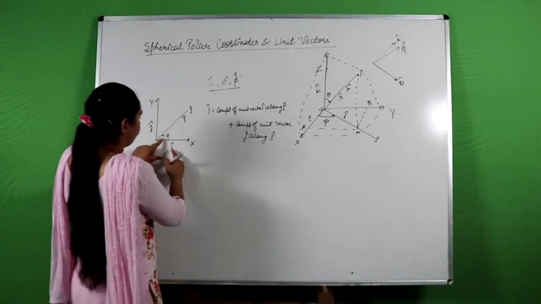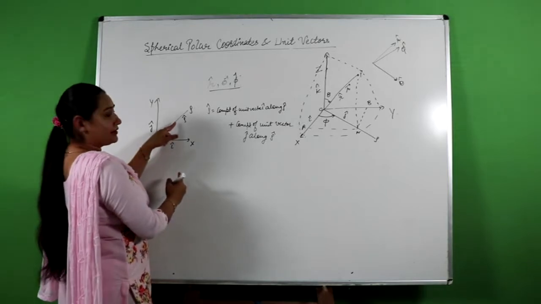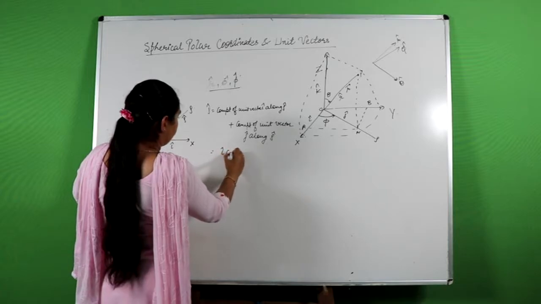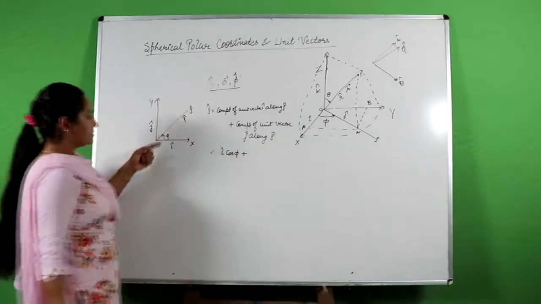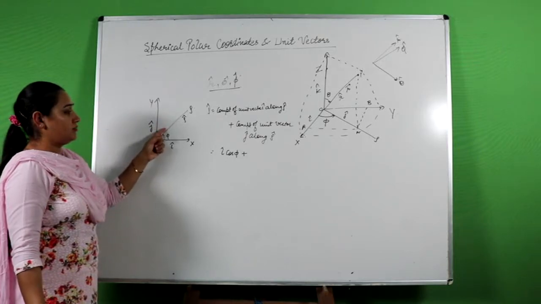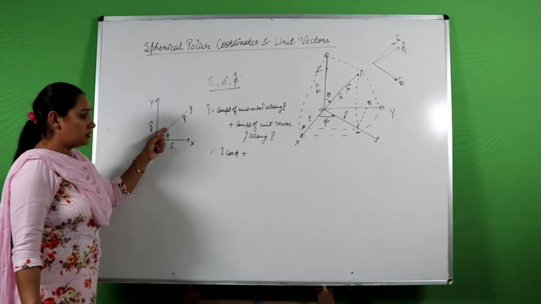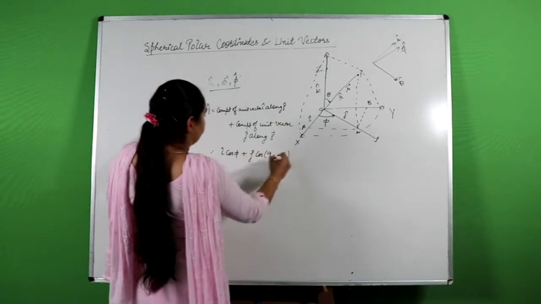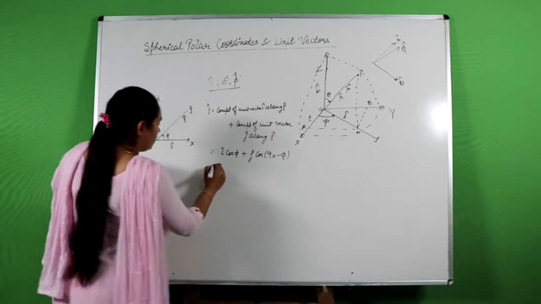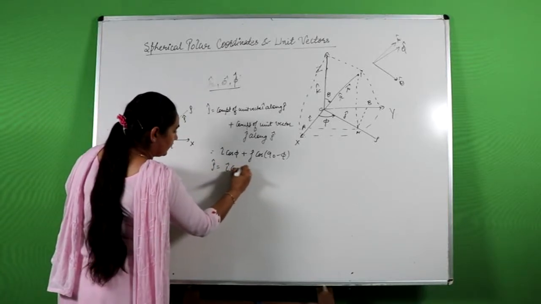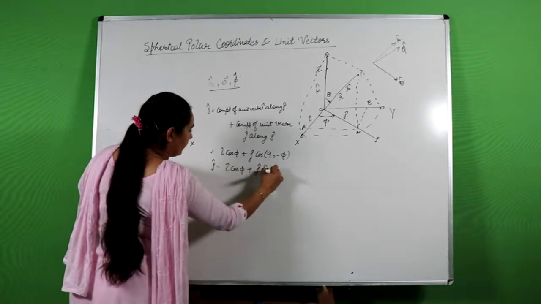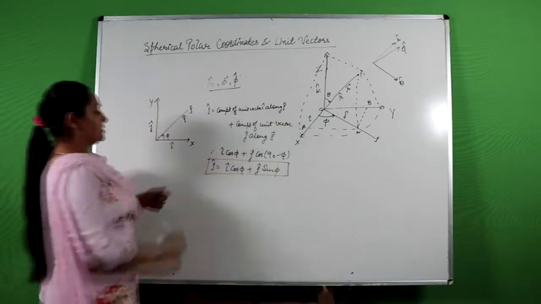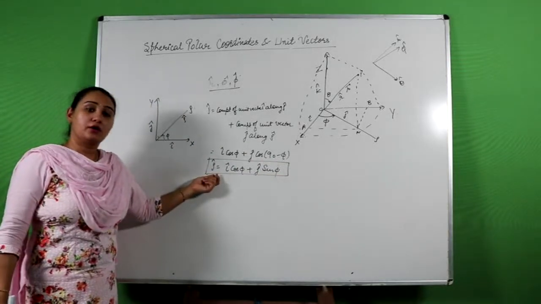Here my i cap makes a direct angle phi with the rho axis, so it will be i cap cos phi, plus j cap makes an angle of 90 minus phi with the rho axis, so it will be j cap cos of 90 minus phi. So the value of rho cap will be i cap cos phi plus j cap sin phi. This is my unit vector along the rho axis.